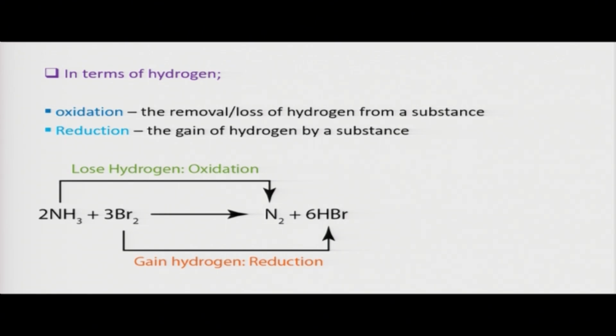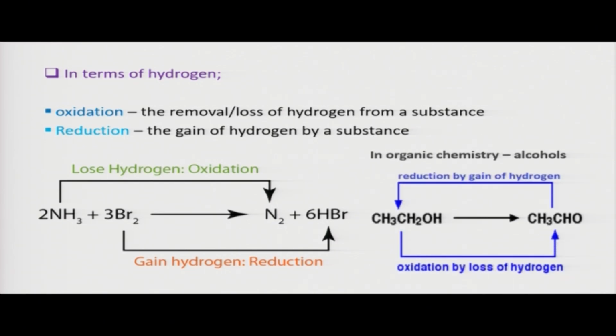If we go to an advanced case in organic chemistry, we normally say that alcohols are oxidized to carbonyl compounds. In this case, this is ethanol. Get the ethanol, the normal ethanol you drink, oxidize it by losing hydrogen, and it will form ethanal.